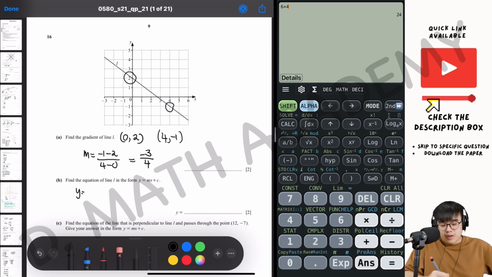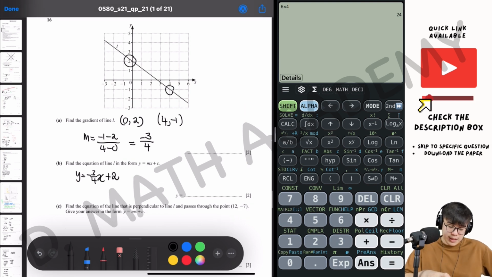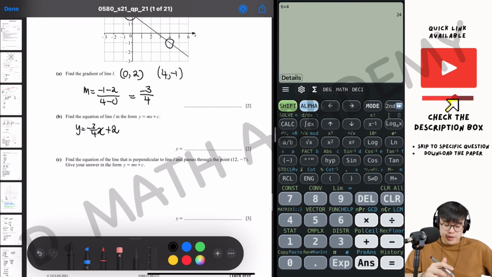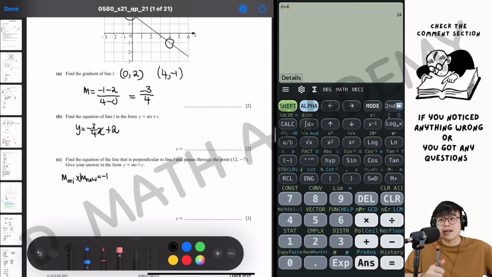So from here, you get this. And then, like I said, there's a reason behind why I selected the 0, 2 point there. That will be our plus 2 over here. So they were looking for the perpendicular line. So our gradient is m original times m new equals negative 1. So you might wonder why I did this. Okay, this is actually the fixed formula for you to identify the perpendicular line's gradient.